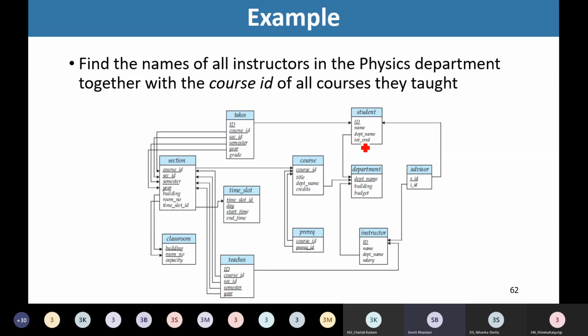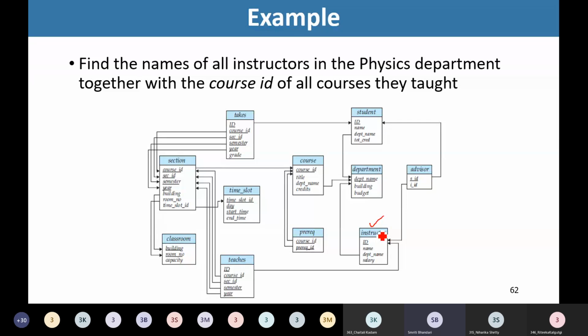The very important thing is which tables, which relations from this relational model, are to be used. That is the first decision. Which relations need to be used? We want the name of the instructors, and the name of the instructor is available in the instructor relation, so we need to use this instructor relation. What next?